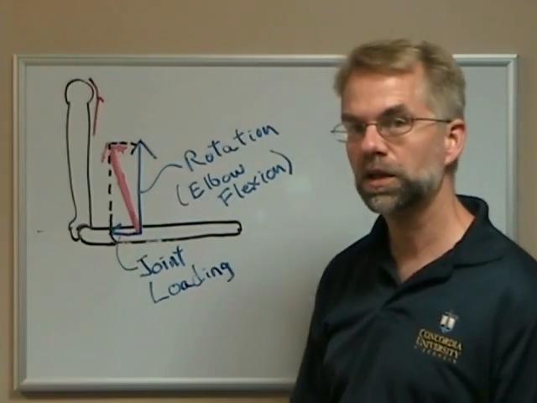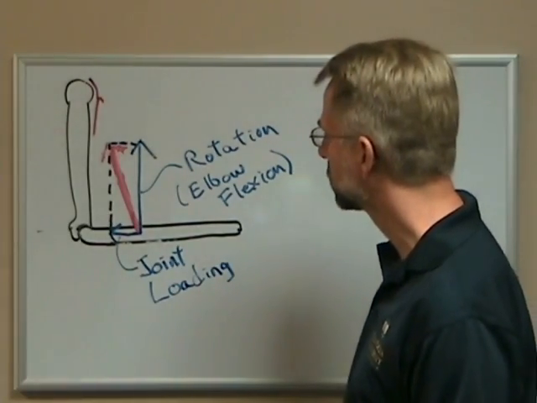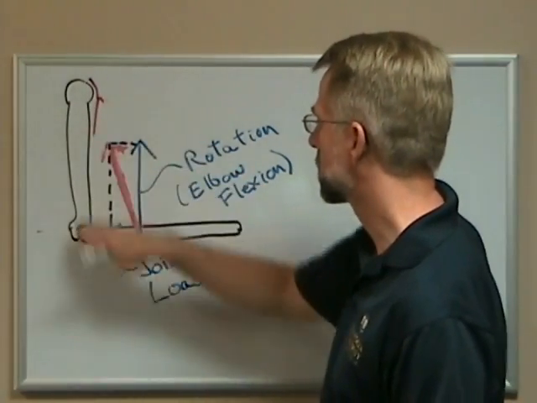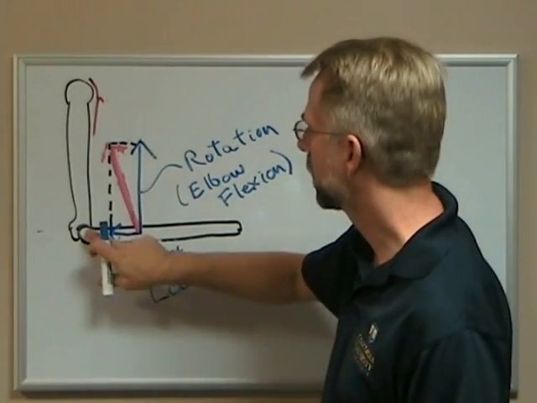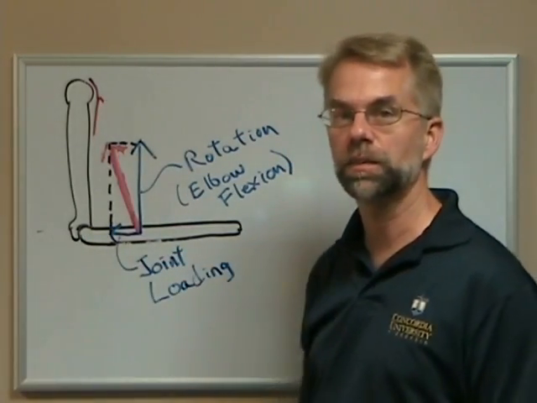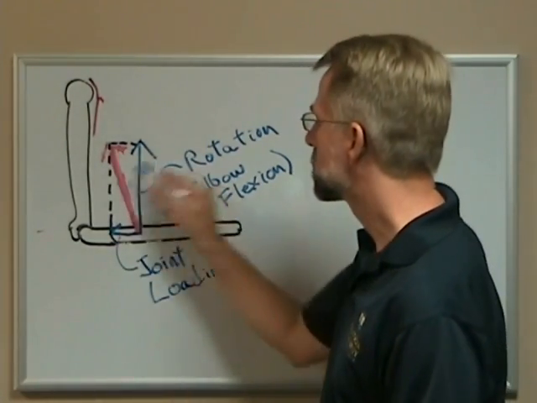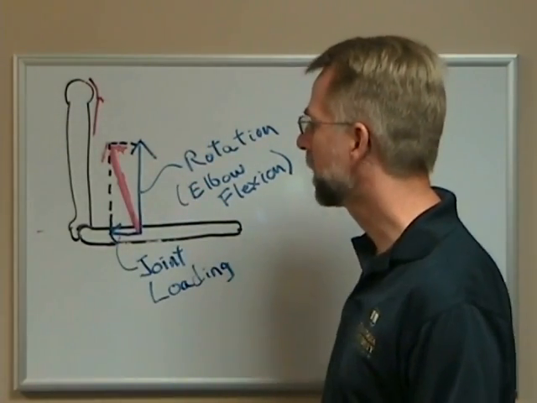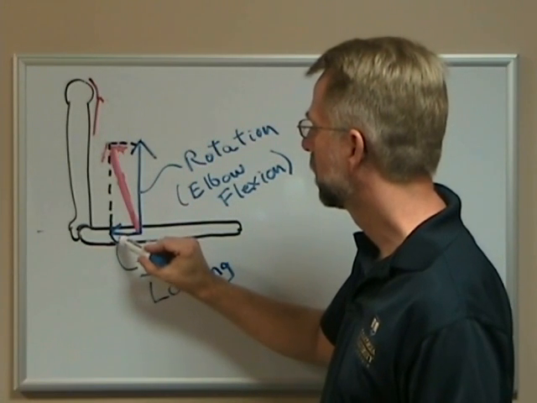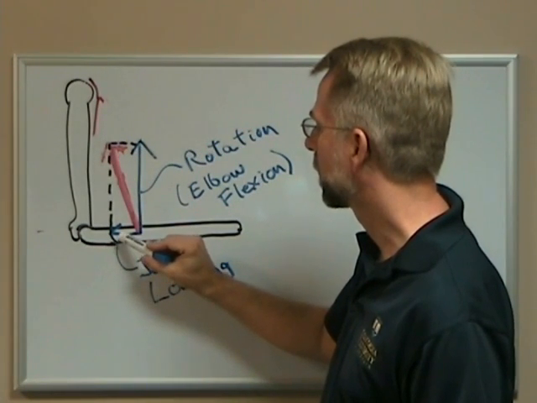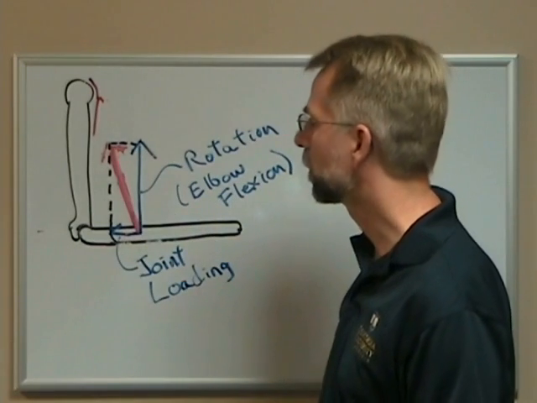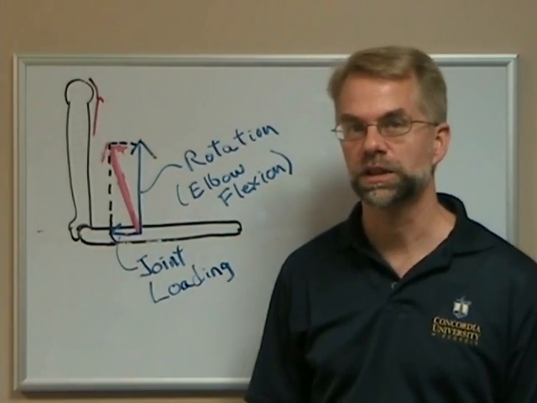So that might be a good active learning and thinking exercise, is to do this same thing, but do it with, let's say, the elbow completely extended, completely straight. Maybe do it with the elbow almost completely flexed. See what difference that makes in the relative length and direction, for that matter, of the two components of that muscle force's action.